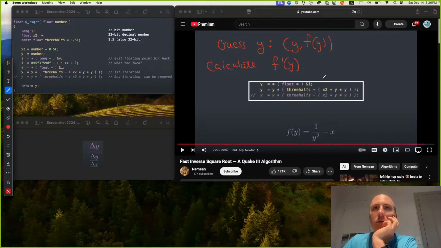Then to get a value of y that's a little bit closer, y new is equal to the value that we guessed minus f of y over f prime of y.